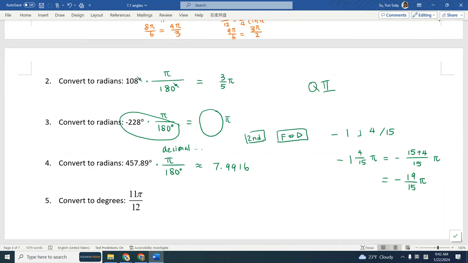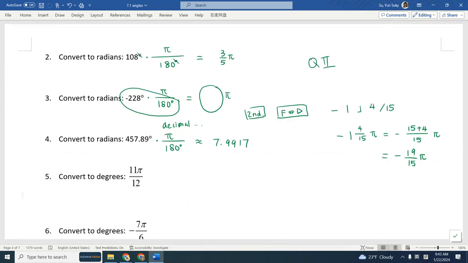You divided by 180, yeah, and then times pi. Oh, it's 7.99168. If you see 8 in the next digit, what do you do? Round up. So it's 7.9917. Okay. You all get this number? Everybody?